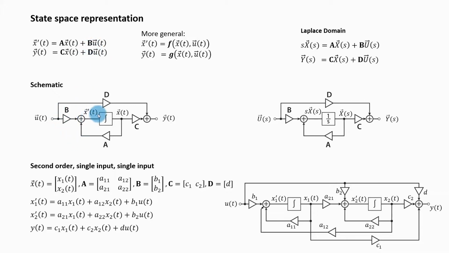The state vector derivative is given as the state vector times the system matrix A plus the input vector times the input matrix B. The output vector is given as the state vector times the output matrix C plus the input vector times the feed-through matrix D. What does this look like in the Laplace domain?